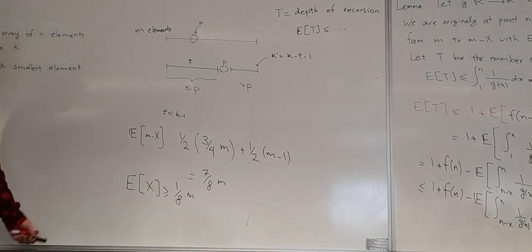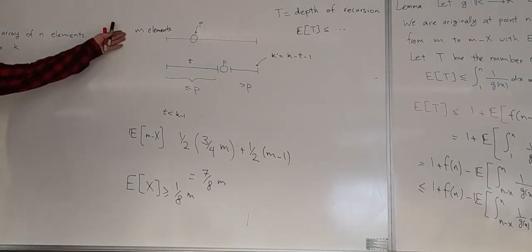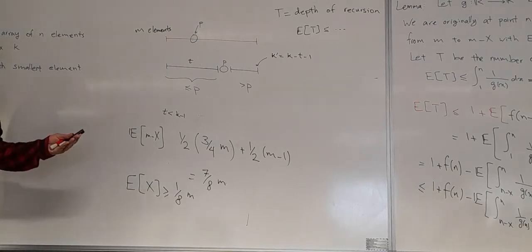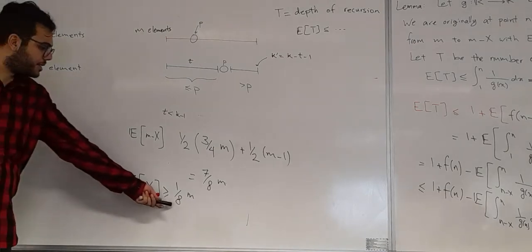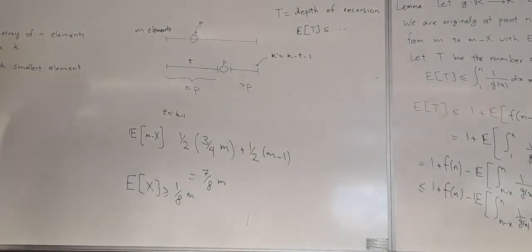Basically what we're saying is that if I start with some instance that has size m, on average, after I do one step of my algorithm, I expect to be left with an instance whose size has decreased by at least this much, so whose size is at most that much.